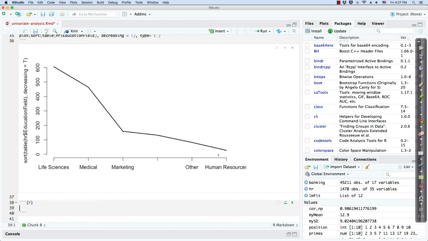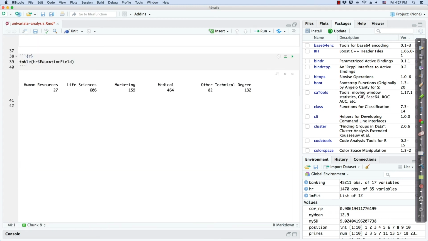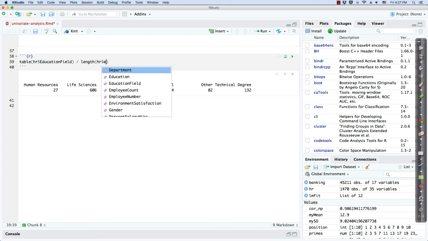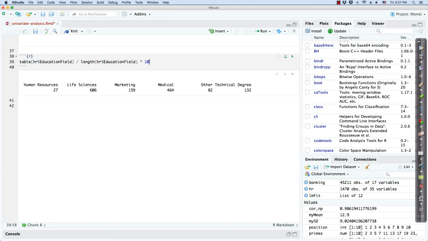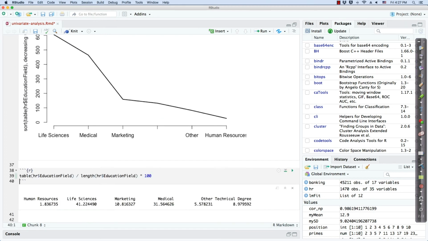So, let us try this in R. We first get the frequency of each category using the table function, divide this by the total number of rows that we have in the education field column, and multiply this with 100 to get the percentage values.